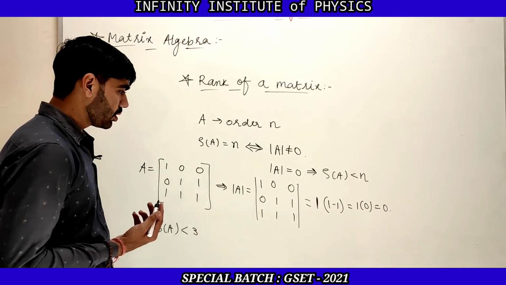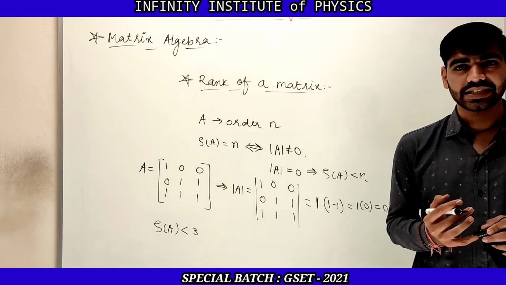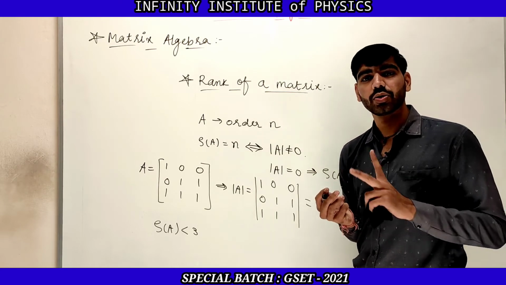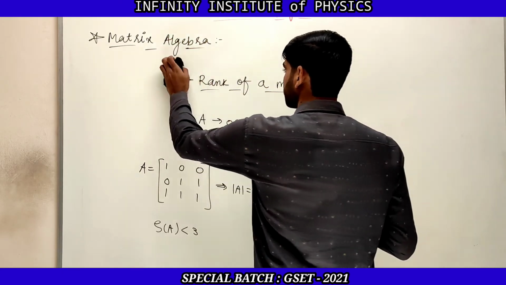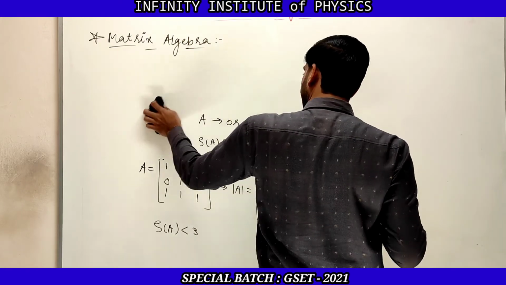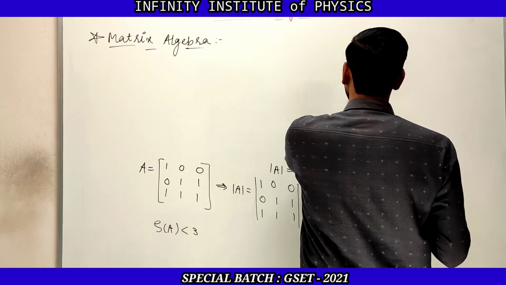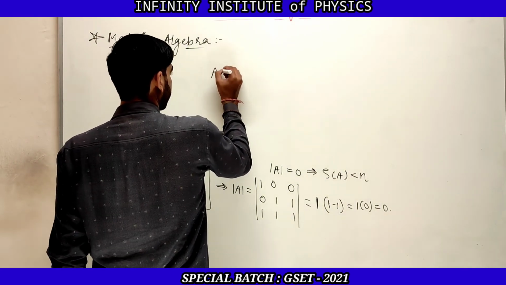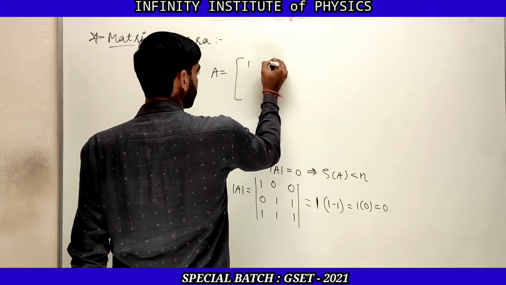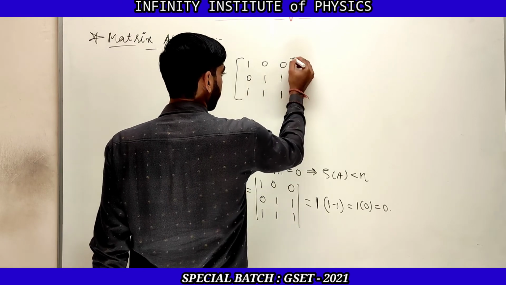So now the question is how to find out the rank precisely, whether it is 1 or 2. So what we are going to do is just neglect one of the rows or one of the columns of the matrix. So suppose A is the matrix given as 1 0 0, 0 1 1 and 1 1 1.